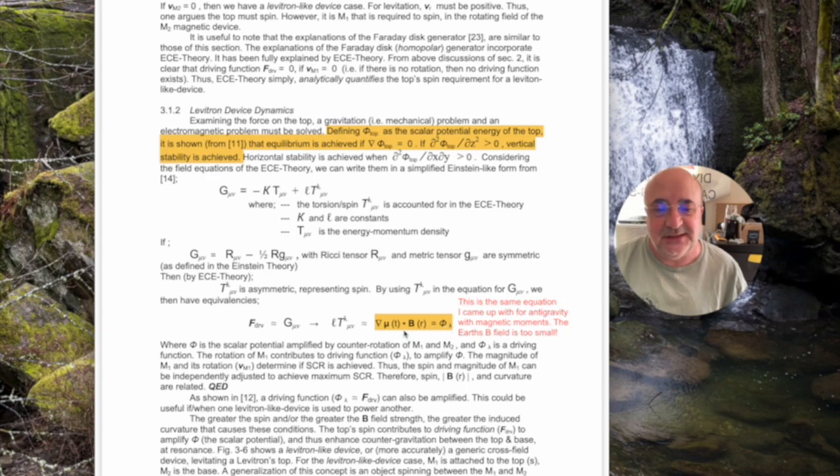But this is the same exact equation that I put in my presentation that I came up with for anti-gravity with magnetic moments. However, the problem is the Earth's magnetic field B is orders of magnitude too small. It's only at best around 45 microtesla.